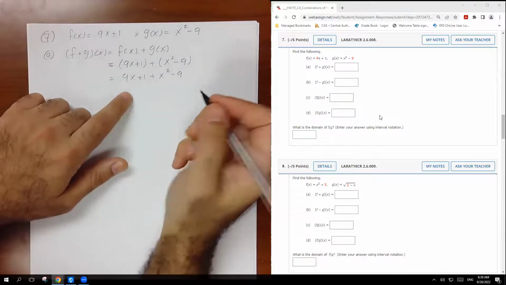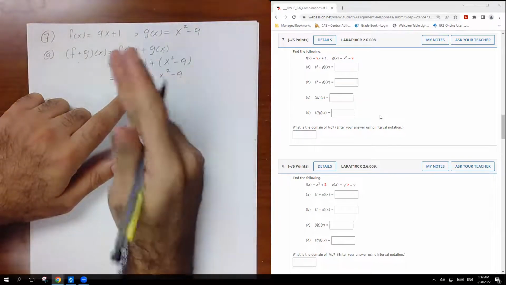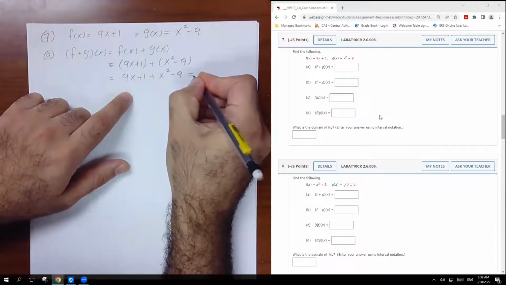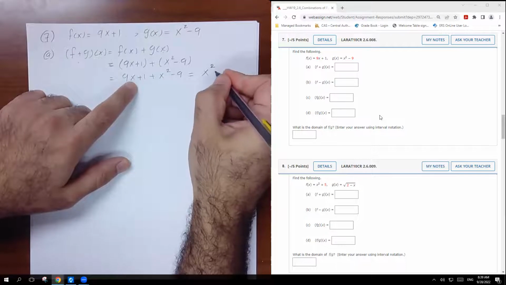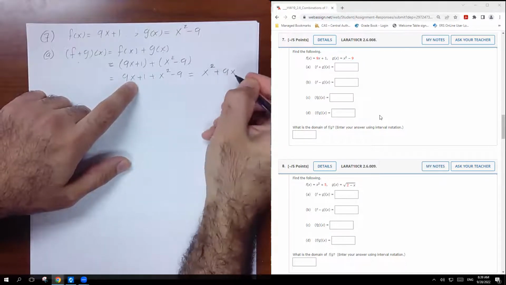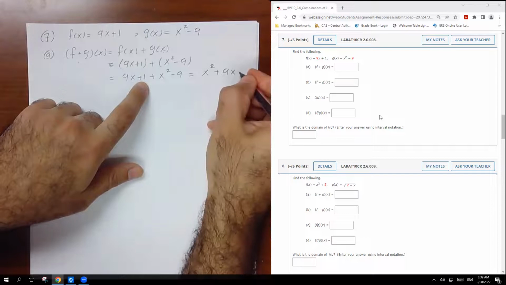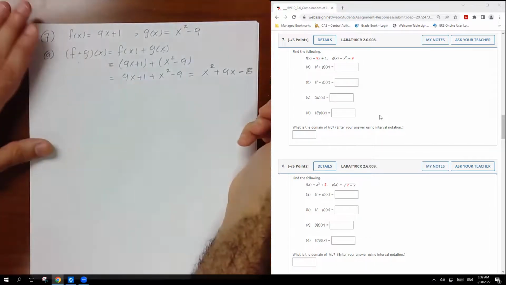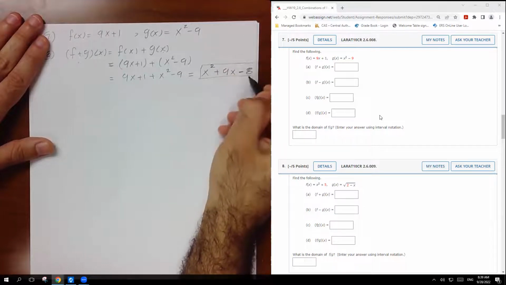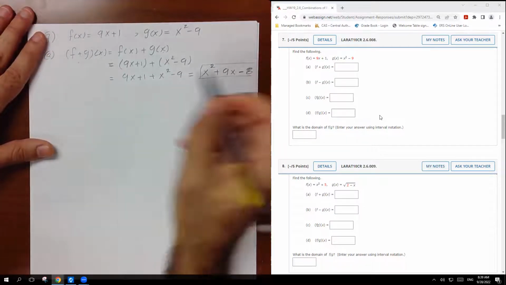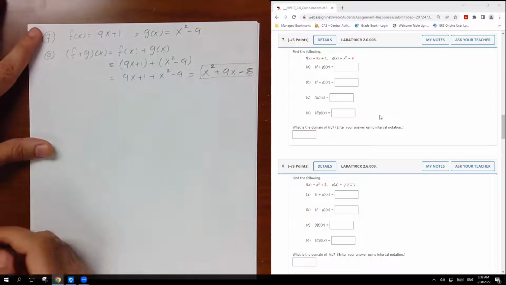Let's combine the like terms and write from the highest exponent to the lowest one. So it's going to be x squared, plus 9x, and 1 plus minus 9 is going to be minus 8. That's it. This is the result. You don't have to move forward. This is the result, the addition of these two functions.